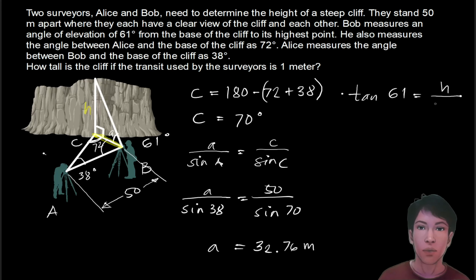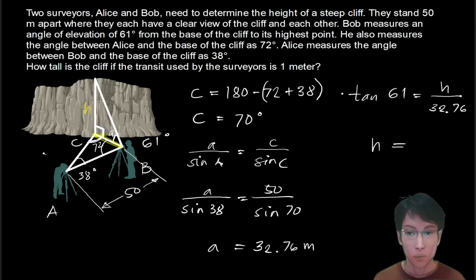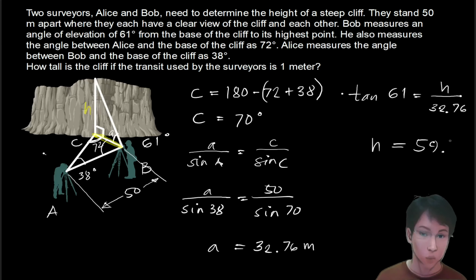Adjacent side is 32.76. And H is 59.1 meters.